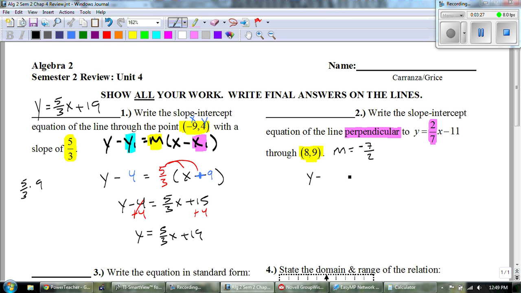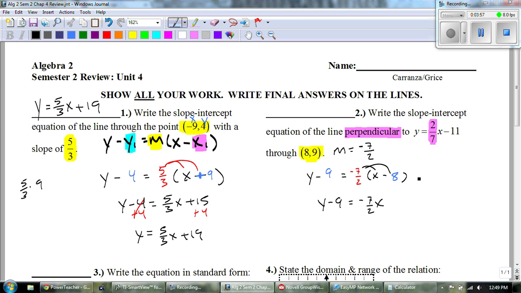Okay, now I'm going to use the same equation we just talked about, the y minus y1. So we have y minus y1 equals our slope, x minus x1. So I know my slope is the -7/2. And now I'm just going to plug in the x and y. So there's my y and there's my x. So our first part is the same, the y minus 9, and then I'm going to start to distribute the -7/2x.